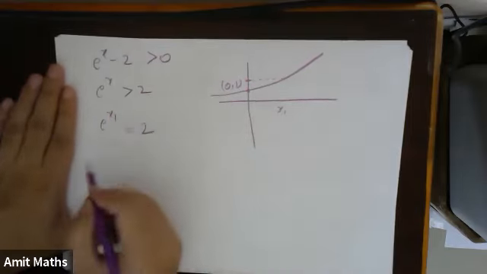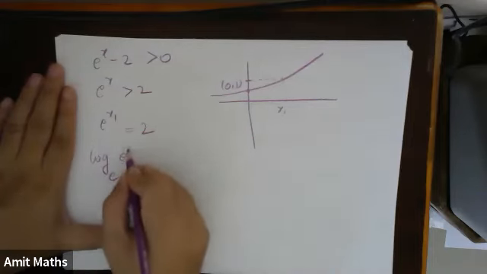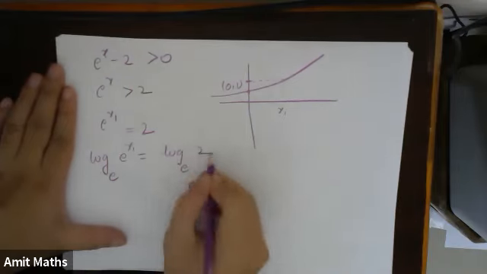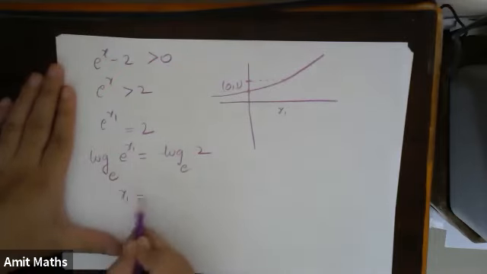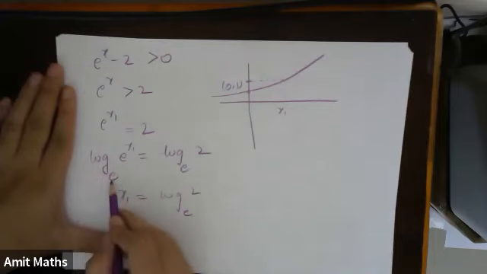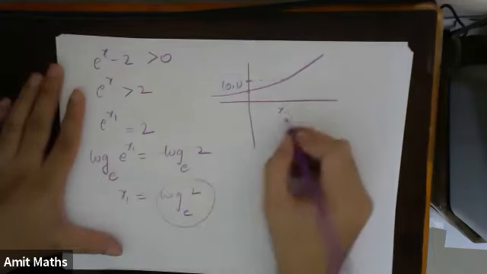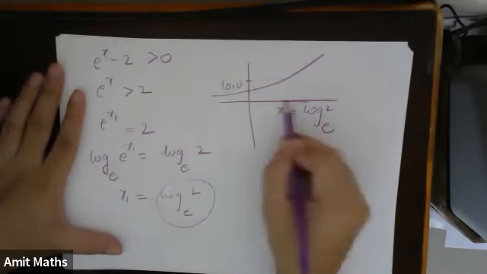If I take log on both sides, this will become log base e of e to the power x1 is equal to log base e of 2. So this x1 will come outside, so x1 is equal to log 2 base e, because log e base e will become 1. So x1 is equal to log of 2 base e. And till where can it move?